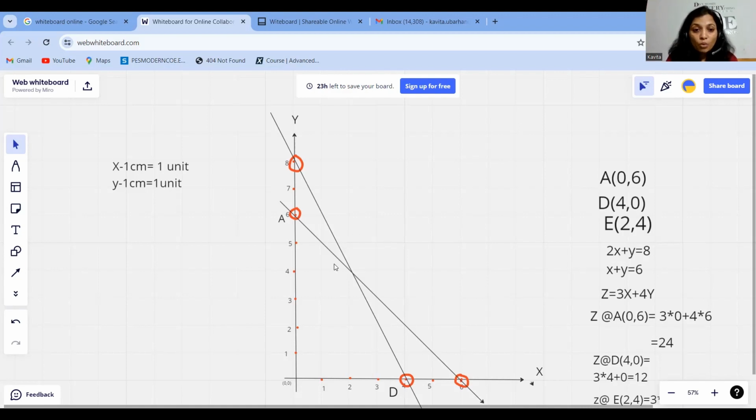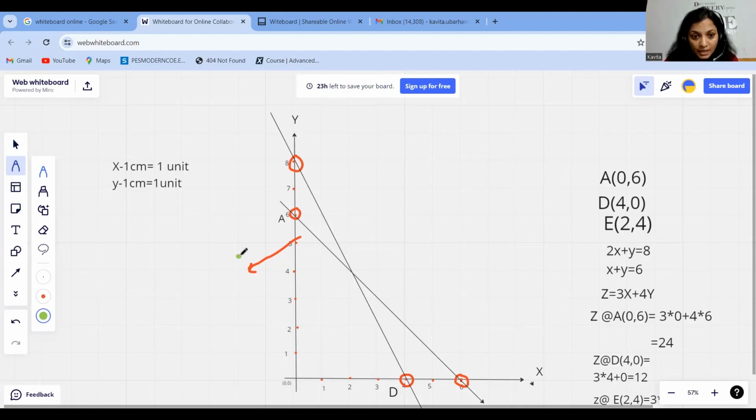So equation number 1, that is x plus y is less than or equal to 6. This is the line for equation number 1. Here this is the line, and towards the origin, that means this side, will be the feasible region for this particular line.